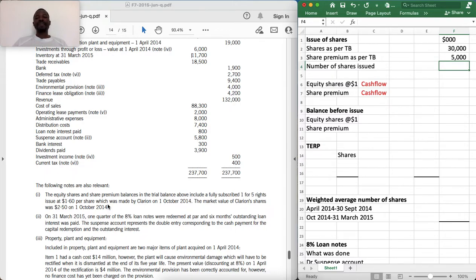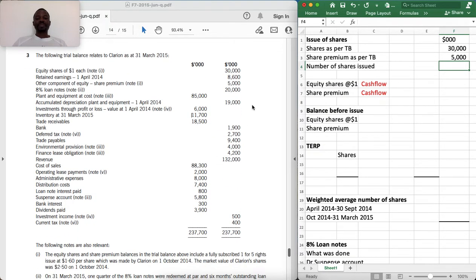Now we need the number of shares. So in the rights issue, they issued 1 for every 5. So if the shareholder had 5 shares, he was issued an additional 1 share. So at this moment, each shareholder now has a portfolio not of 5 shares, but a portfolio of 6 shares. So how many shares were issued?